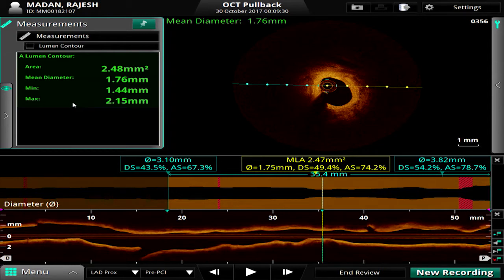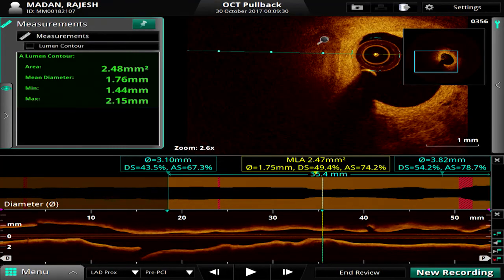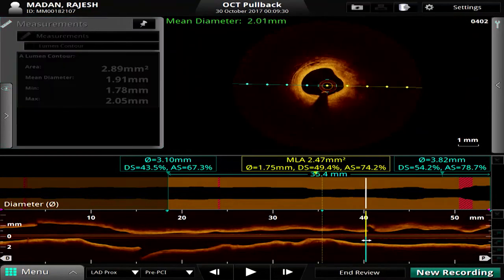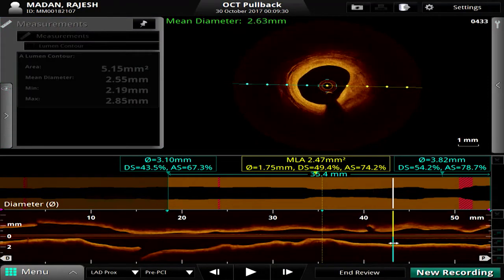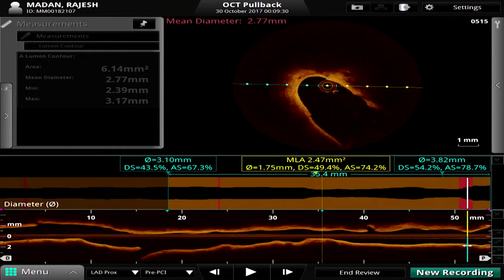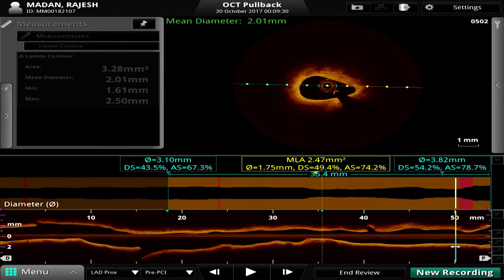But anyway, we have already done an FFR that was positive for ischemia. And here there is nearly 180 degrees of calcium. As we come proximally, again plaque here, the disease extends close to the ostium. And this is again the narrowest part close to the ostium here.